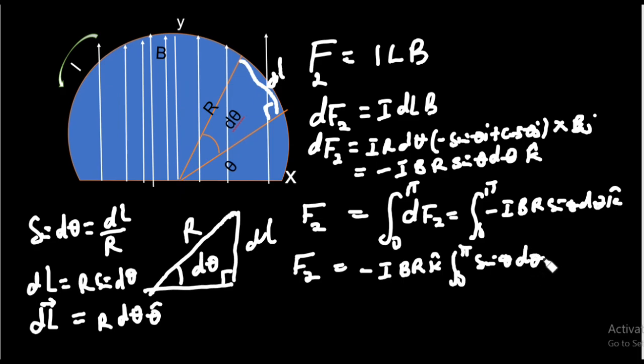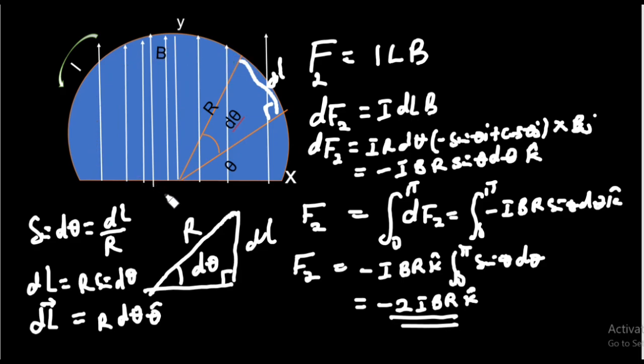If you perform this integration, you have minus 2IBR, then the unit vector k. So this is F2, the force on this semicircular arc.